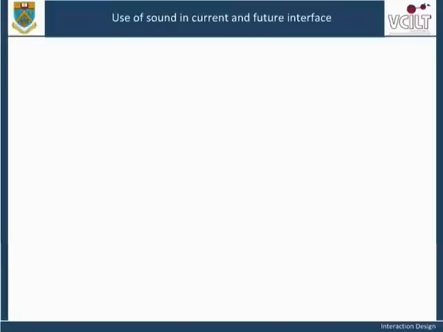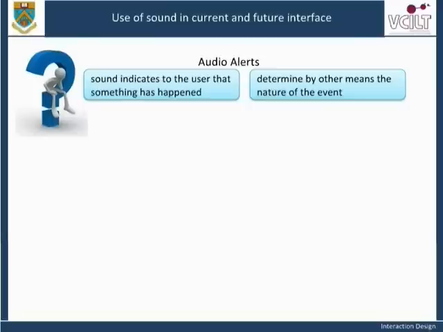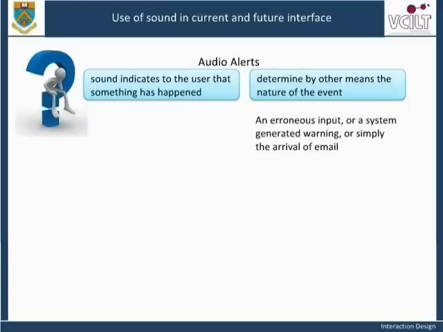Let us now look at audio alerts. What is the purpose of such a bleep, and what can the user infer from it? Clearly, the sound indicates to the user that something has happened, but it is typically left up to the user to determine, by other means, the nature of the event: an erroneous input, a system-generated warning, or simply the arrival of email.